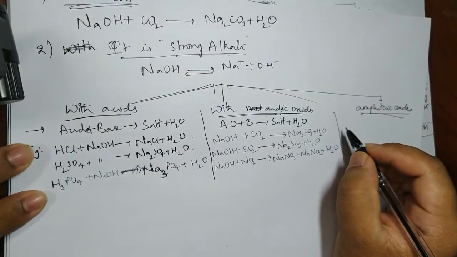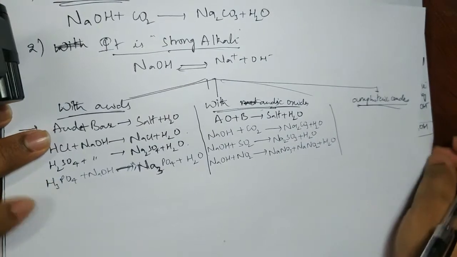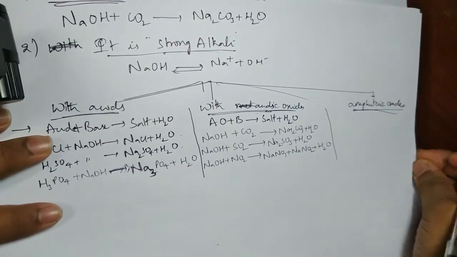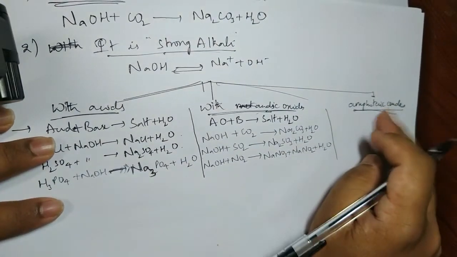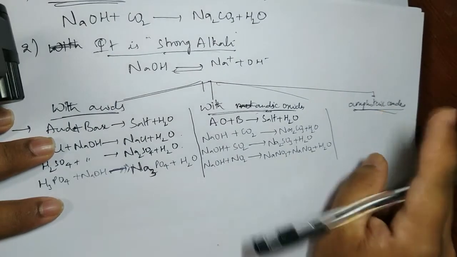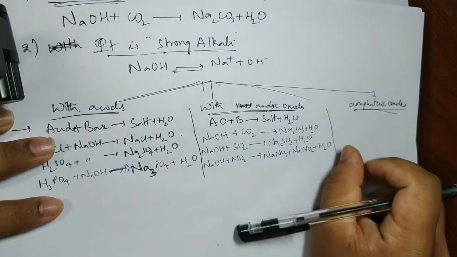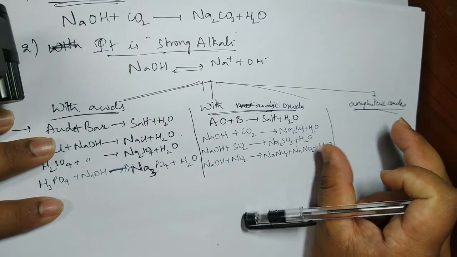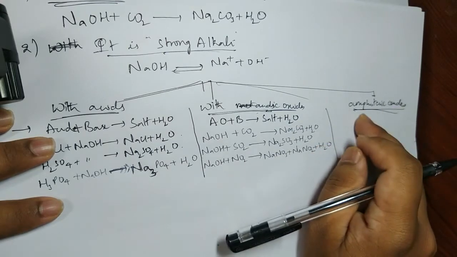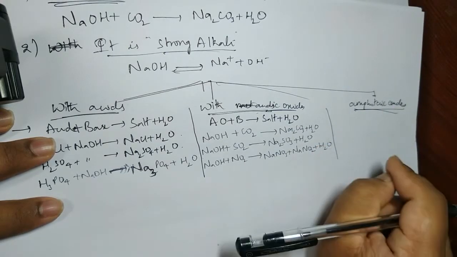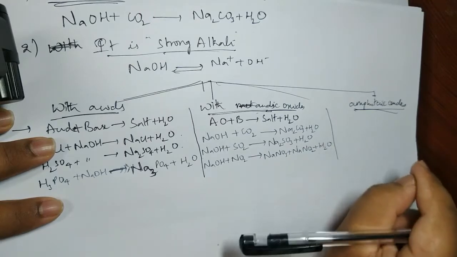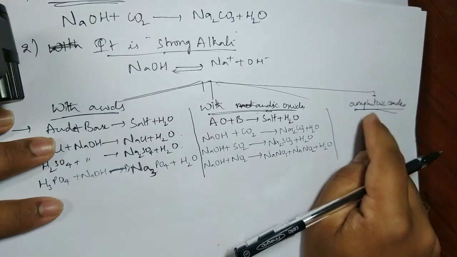Zinc oxide is a very familiar amphoteric oxide, and aluminum oxide. What are amphoteric oxides? Oxides that can react with both acid and base, right? The metals which are near to non-metals, near to metalloids, generally form amphoteric oxides.